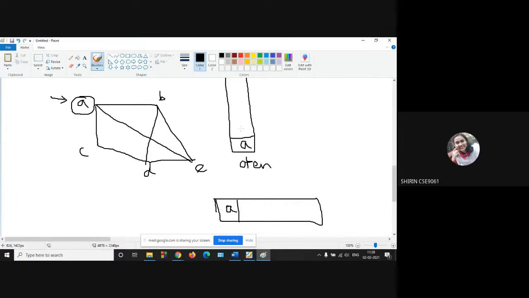B and C. So write down B and C. Okay. B and C complete. Sir, will E be an adjacency? Yes, E. Very good. B, C, E.